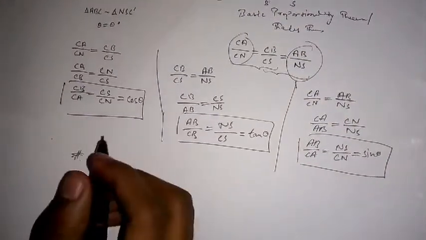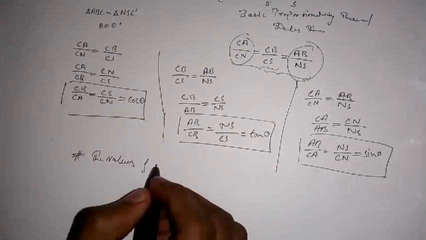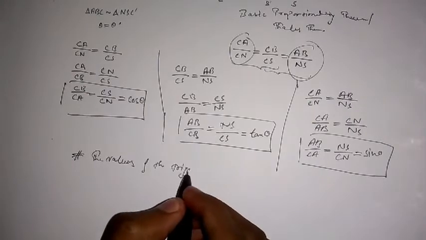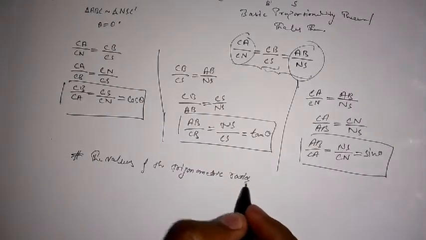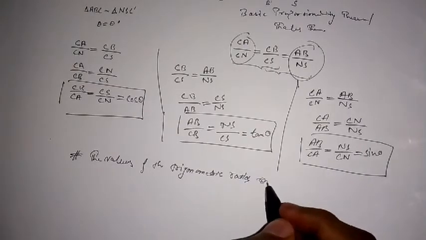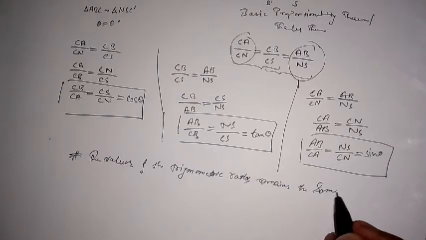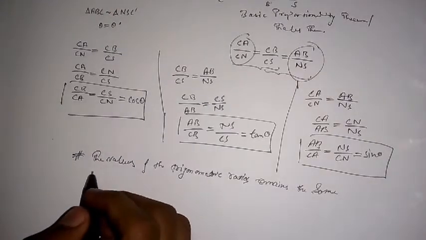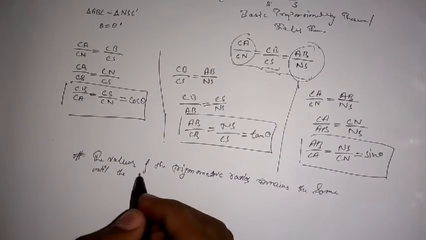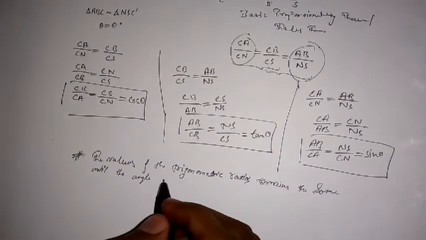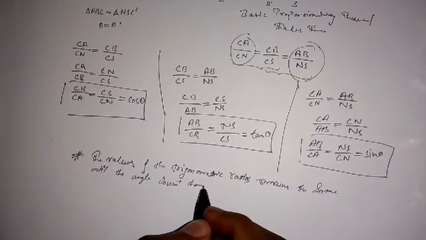And therefore it is concluded that the values of the trigonometric ratios remain the same until the angle changes.